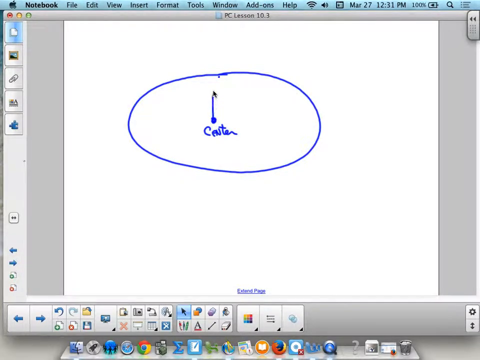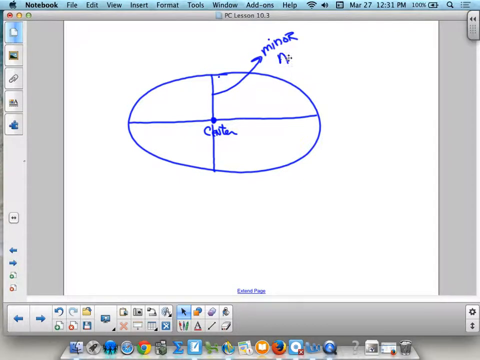Tierney's saying the width of the ellipse seems important, and she says also the longer length of the ellipse. That is important. They're given names. This one is called the minor axis. This one's called, any guesses? Major axis.